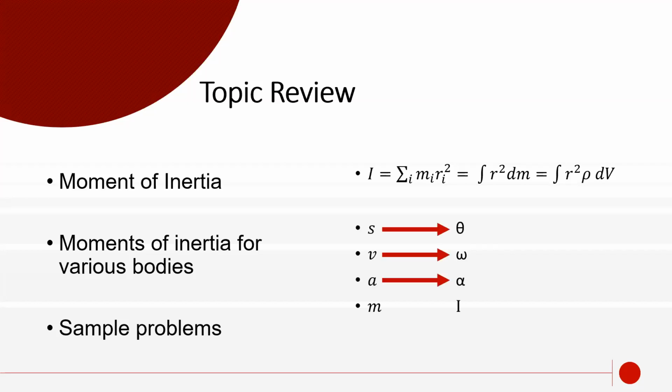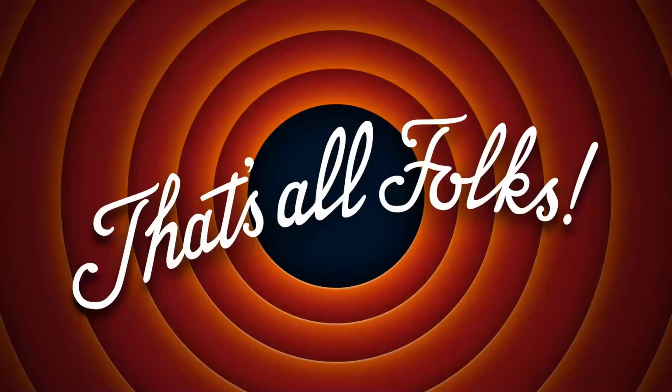We can now add moment of inertia to our list of angular quantities that are analogous with linear motion quantities. And we will discuss rotation about a moving axis, kinetic energy, force, and momentum for rotational dynamic systems in the next lecture. And that concludes this lecture.